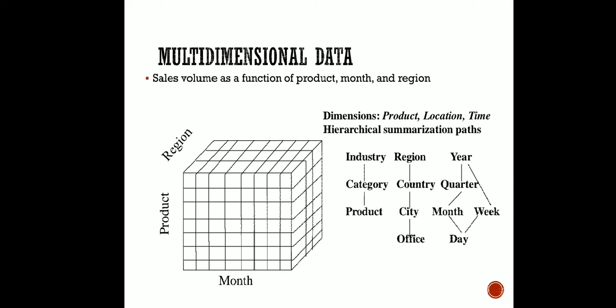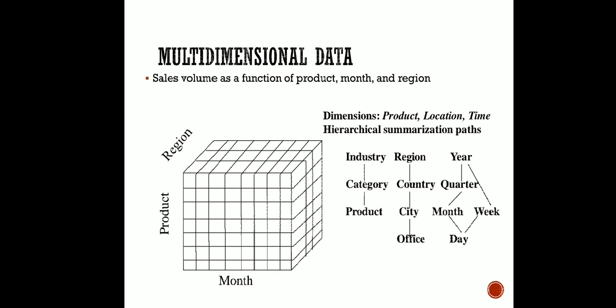Here we will see some cuboid operations in 2 to 3 slides. Here you can see that this data uses 3 dimensions: one is product, another is month, another is region. At a time, if we represent any data at any portion, we can find out the 3 dimensions of it.